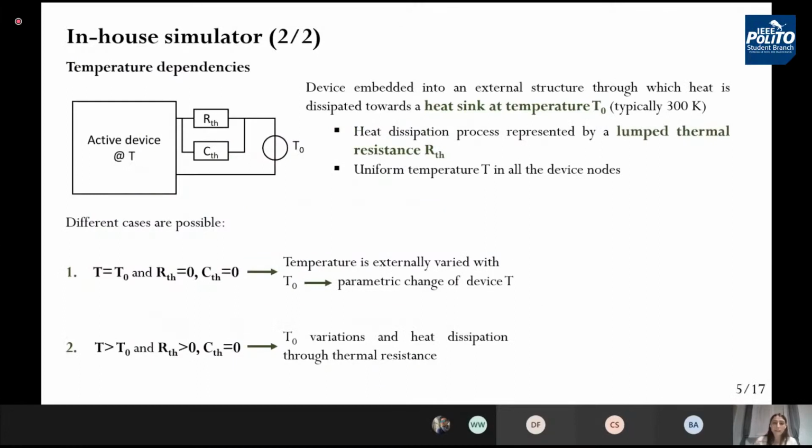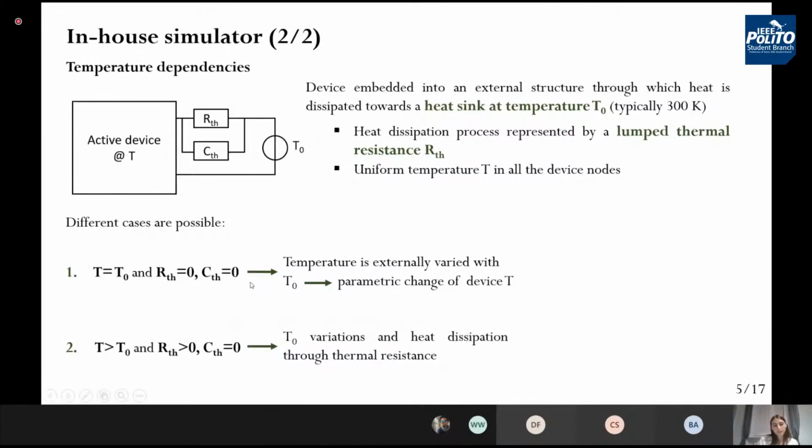In the code, the device is considered as embedded into an external lumped thermal resistance, through which heat is dissipated towards a heat sink at temperature T0. The device temperature T is uniform in all the mesh nodes, and we can distinguish two possible cases.